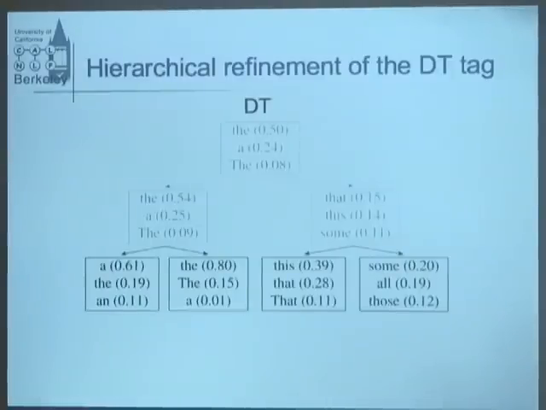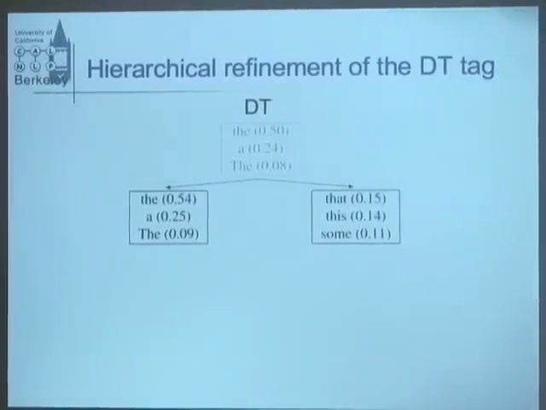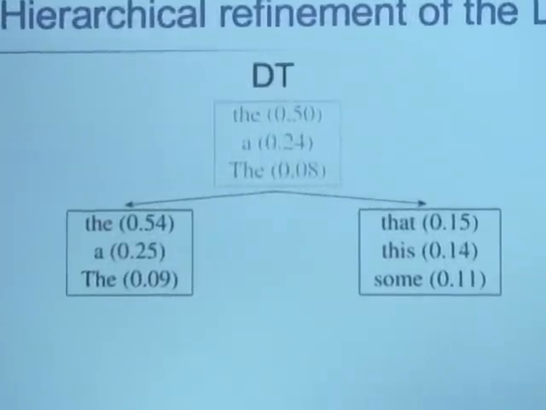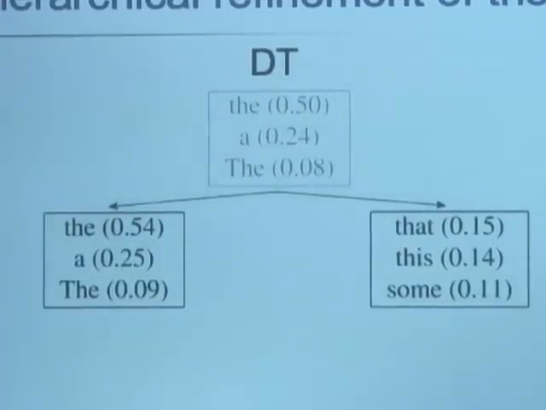And what is nice about this is that the splits that we learn very often emerge in the same way. So here we have learned that the determiner category, in fact, has determiners, but also demonstratives in there that are linguistically somewhat different, and they tend to occur in different situations. And this split occurs always at first.